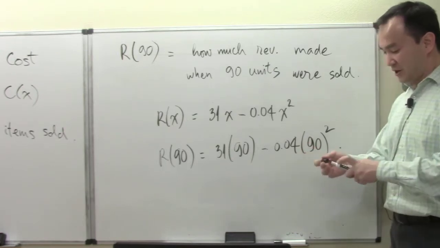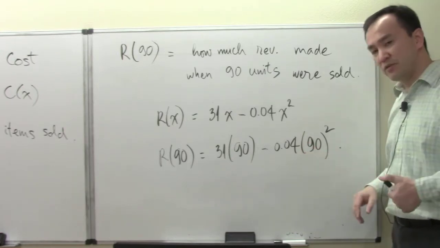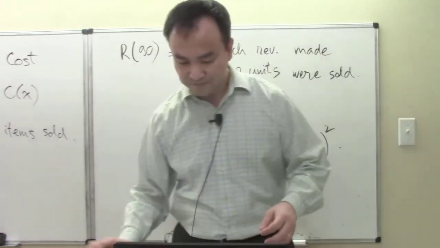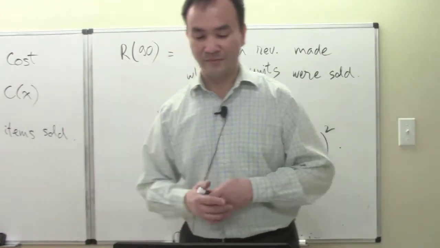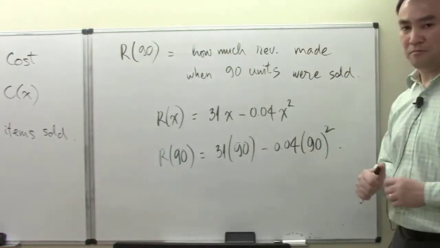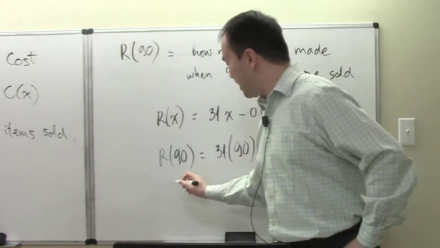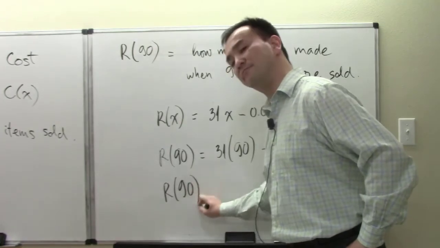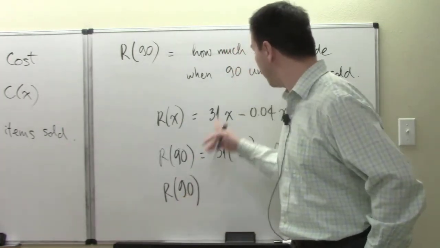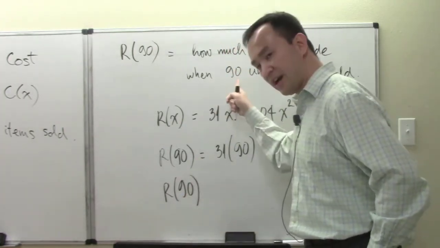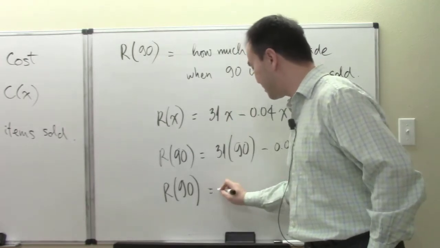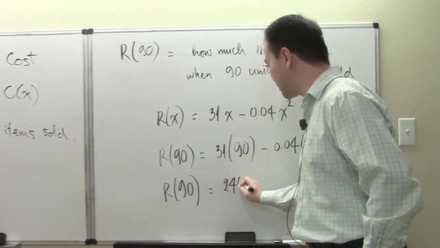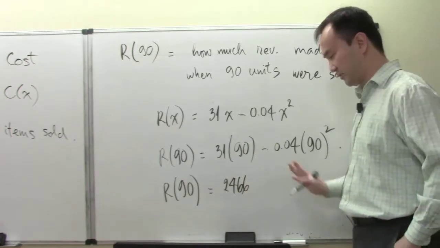Okay, and so I am going to swing back to my computer quickly for a calculation. All right, so my final calculation came out: R of 90, our revenue made when 90 units were sold, is 2,466, and these are in just basic dollars.